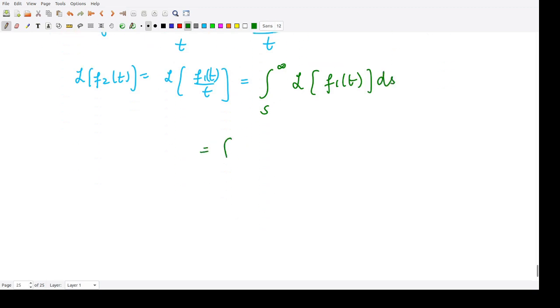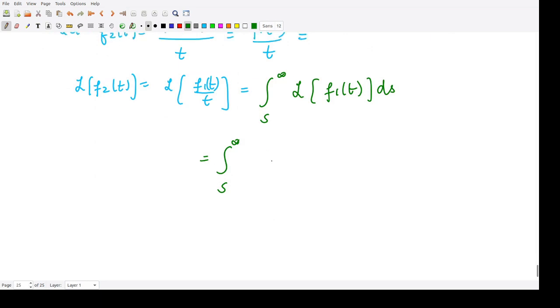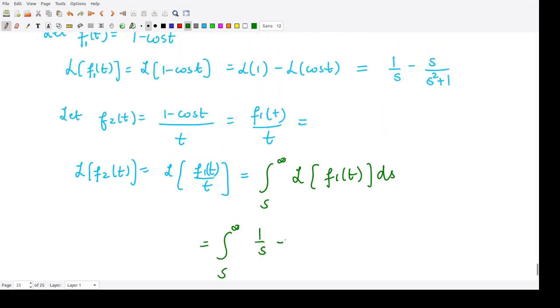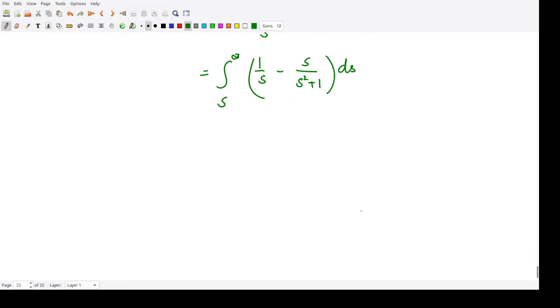So this would be equal to the integration from s to infinity of 1 by s minus s divided by s square plus 1 ds. So now what would be its integration? Its integration would be log of s minus 1 by 2 log of s square plus 1, and we have the limits of integration from s to infinity.